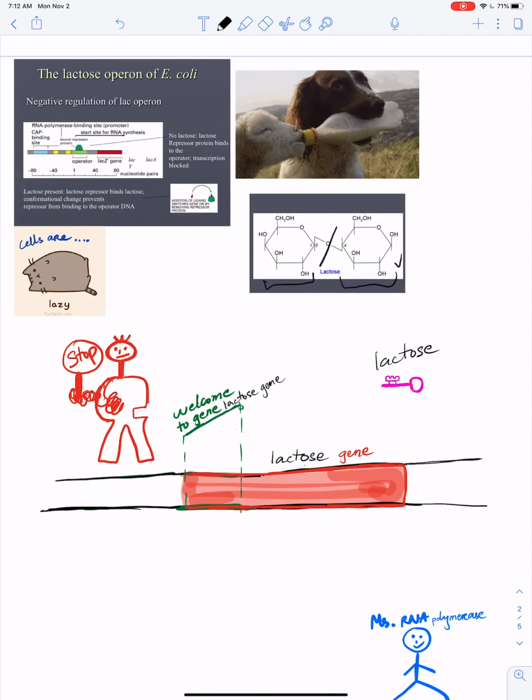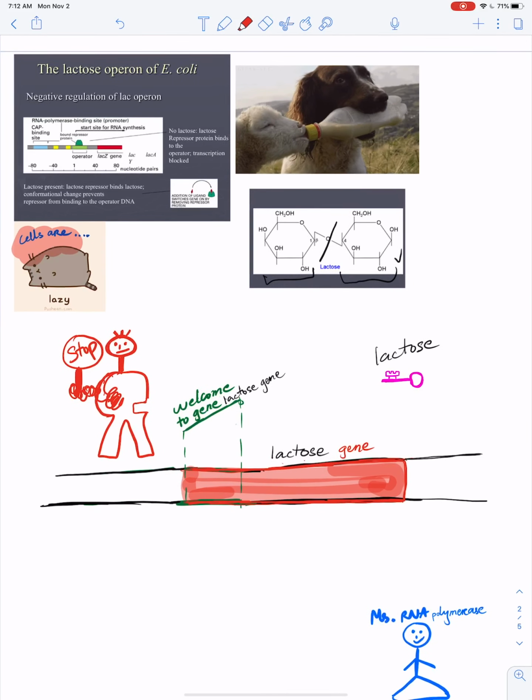Again, cells are very, very lazy. If you have simple sugar, meaning glucose, in your body, the cells will use up all of the simple sugar.